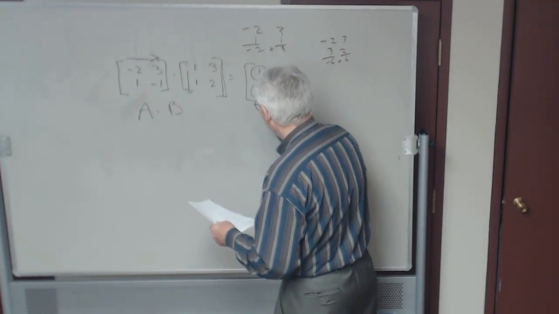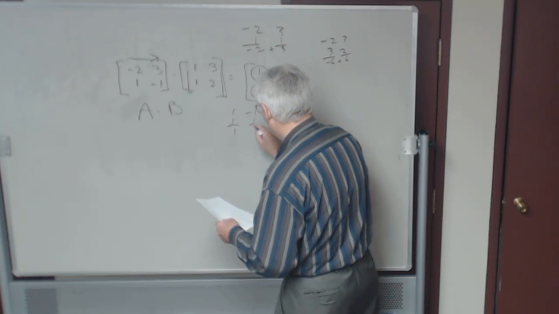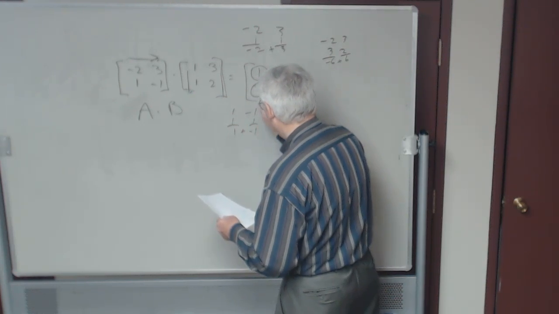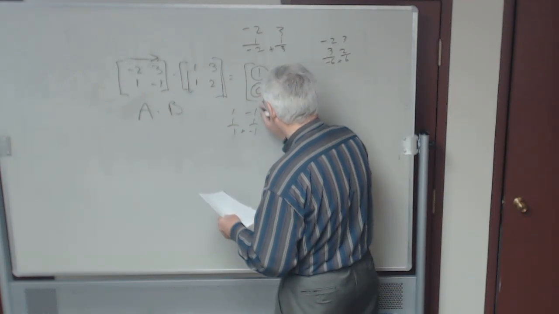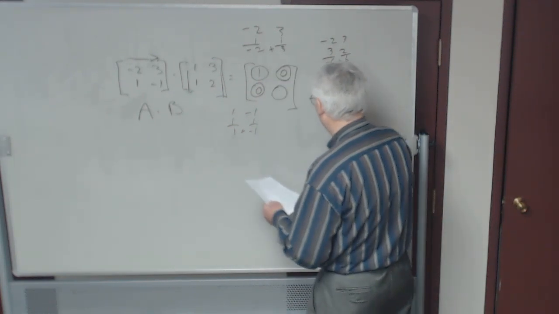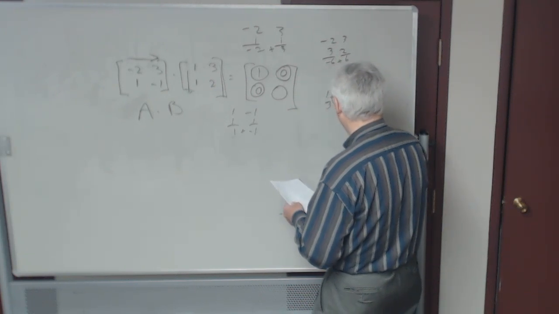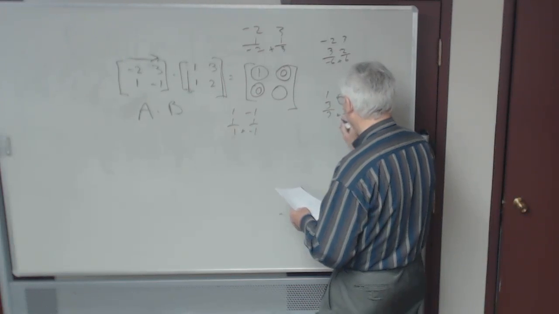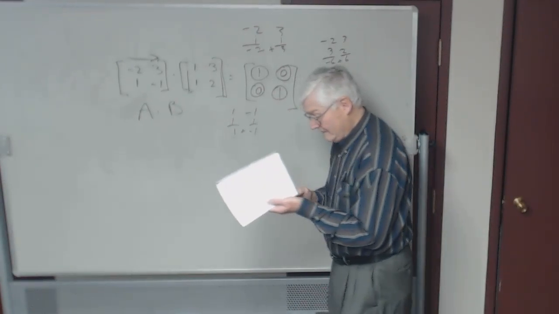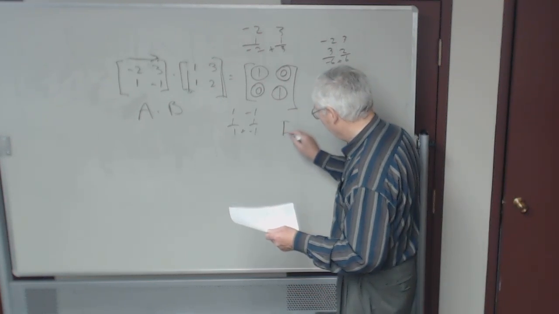And then down here, 1 and negative 1, and the first 1 and 1, add those, you get 0. And then the last one, 1 and negative 1, and 3 and 2, you get 3 and negative 2, and that's 1. That's the identity matrix.